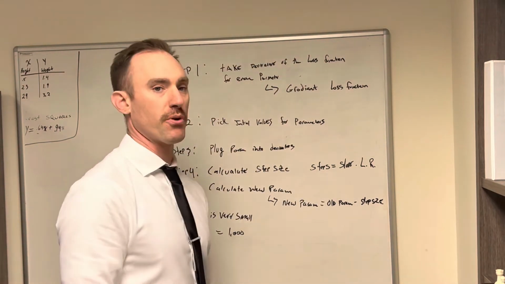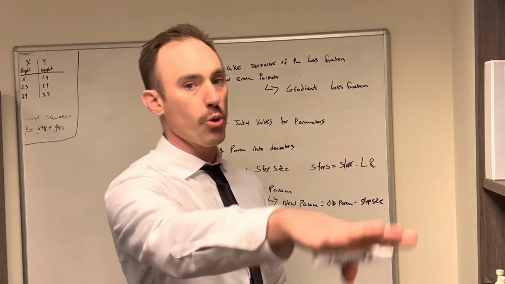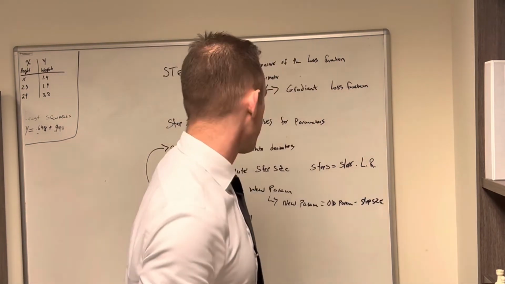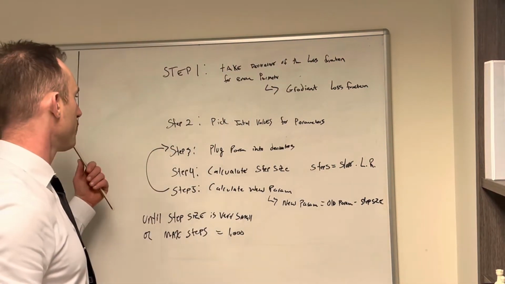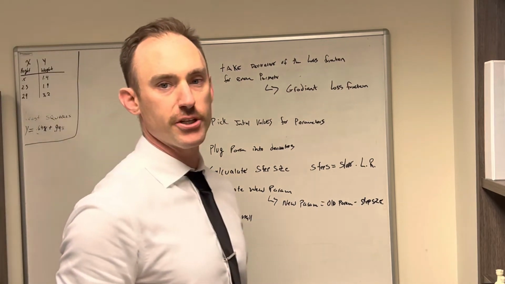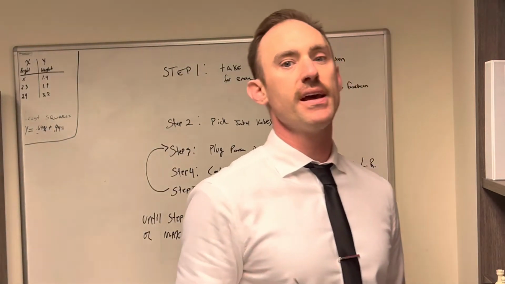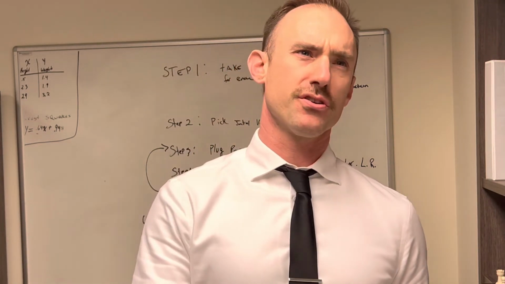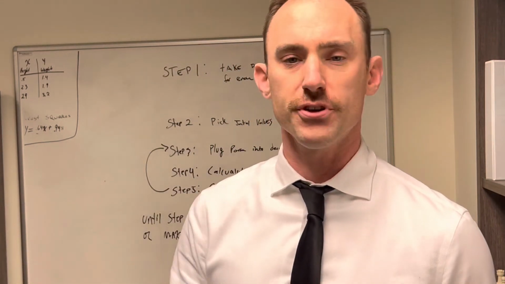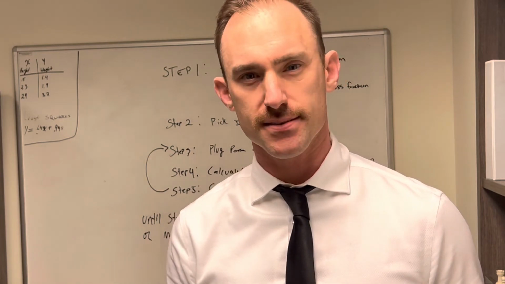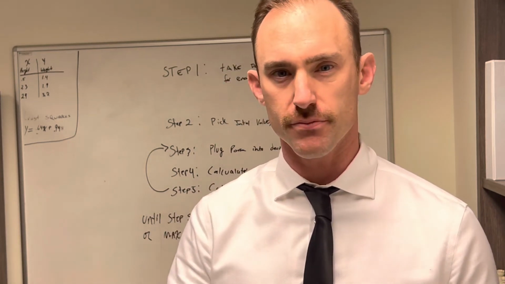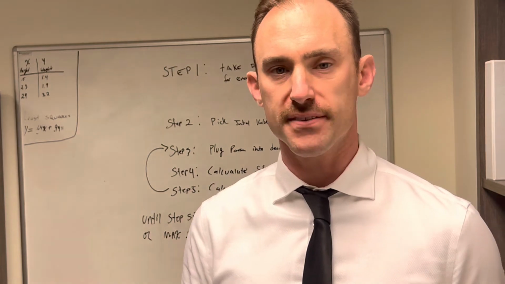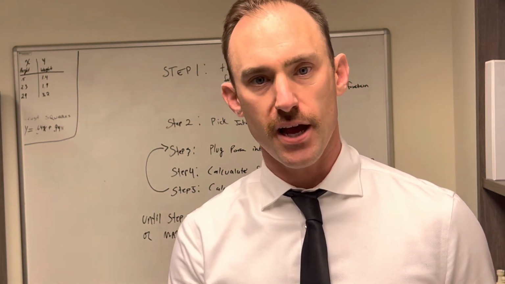You calculate your new parameter, and your new parameter equals your old parameter minus the step size. So then you repeat, you go back to step 3, and you iterate through that process until your step size is very small, 0.0001, or you've reached the maximum number of steps, and that's 1,000 typically. It can depend. And that's how the gradient descent algorithm works.